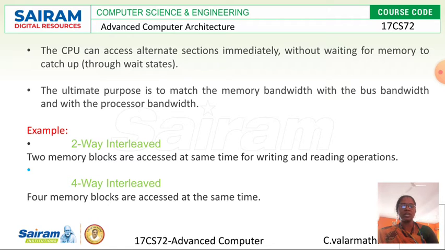If it is a two-way interleaved memory, two memory blocks are accessed at the same time for writing and reading operations. Similarly, if it is a four-way interleaved memory, four memory blocks are accessed at the same time. This increases the bandwidth of the memory and also the speed of the memory devices. These two are the most important advantages of memory interleaving.